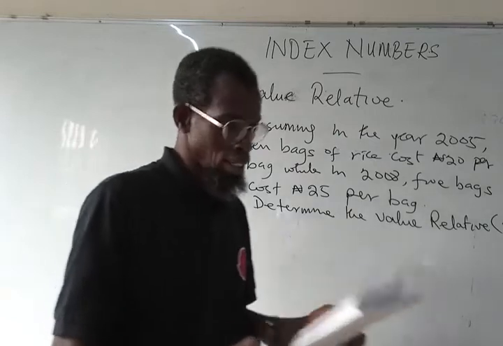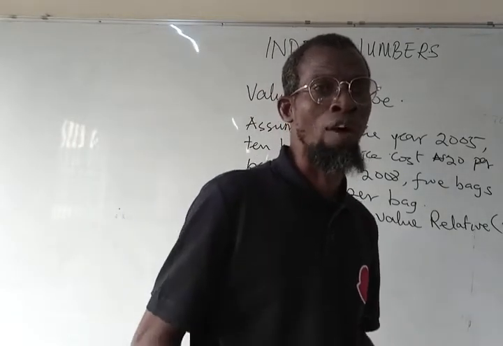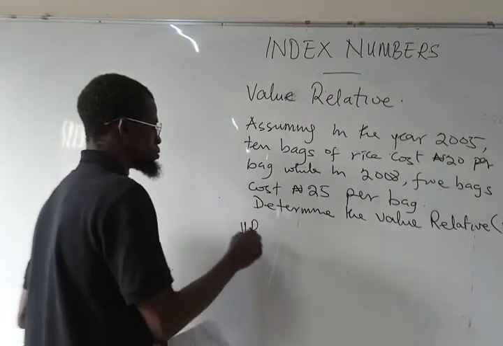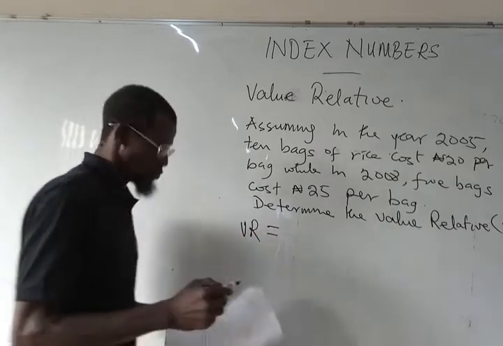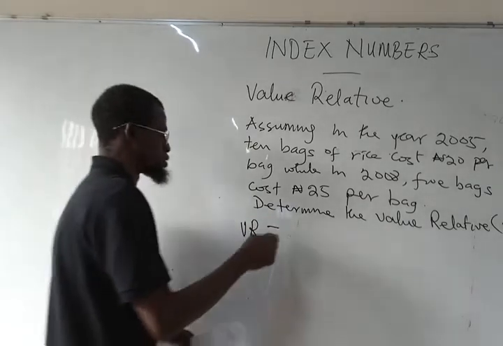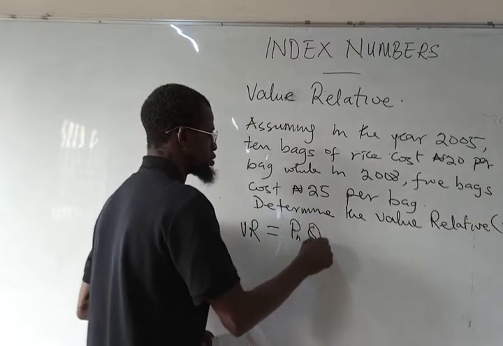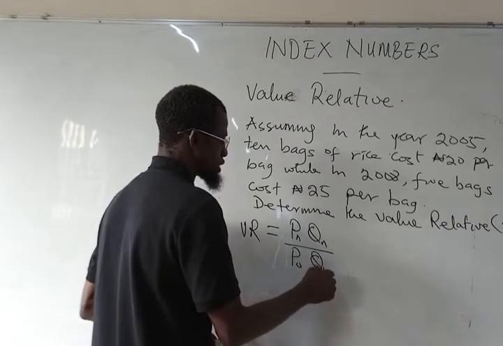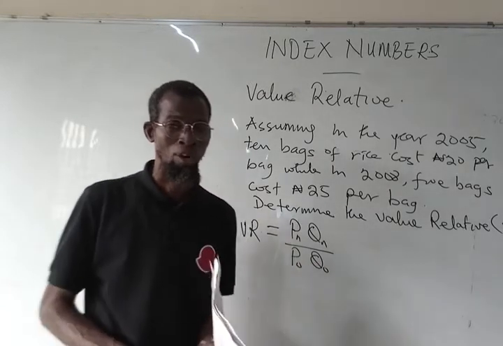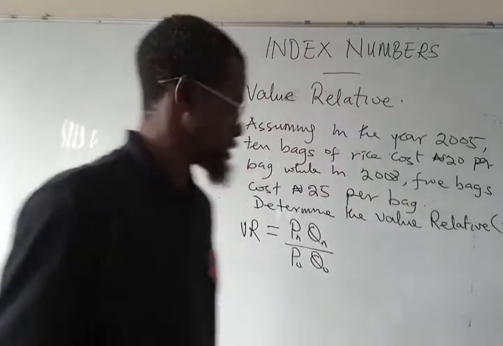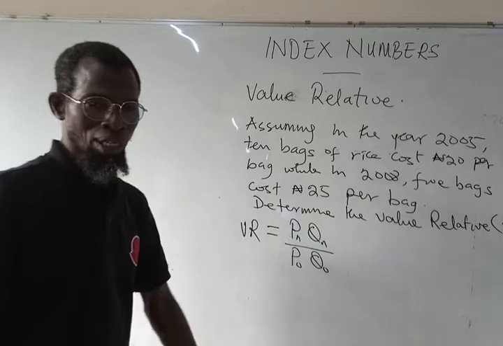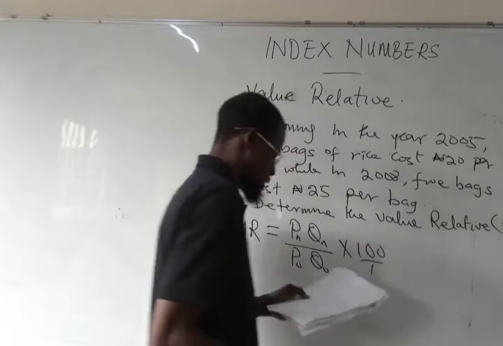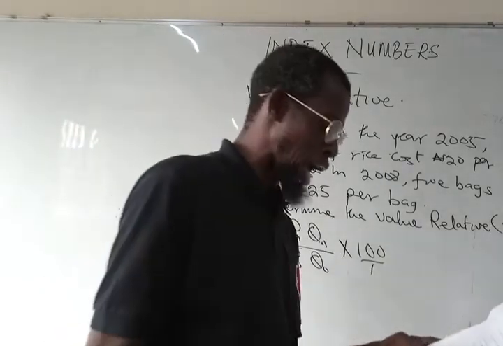To do this, when you mention value relative, the first thing that should come to your mind is this formula: value relative equals PnQn over P0Q0. You can see that value relative is the combination of quantity and price, then times 100 over 1. Remember, it's always expressed in terms of 100.